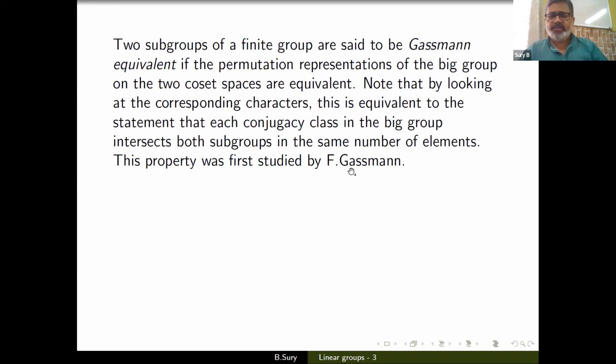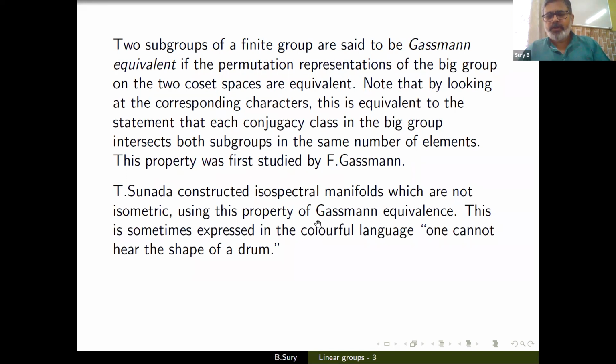This property was, as I said, first studied by Gassman long back. Many people are unaware of that. I mention in passing that in the 1980s, I think '84 or so, Sunada wrote a path-breaking, beautiful paper. It is about a totally different subject, where you want to construct Riemannian manifolds that are not isometric but have the same spectrum of the Laplacian.